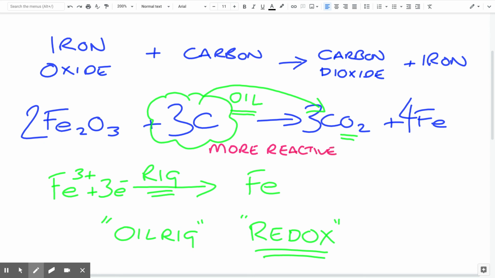So we have to use the reactivity series, but carbon must be more reactive than iron for this extraction to work.